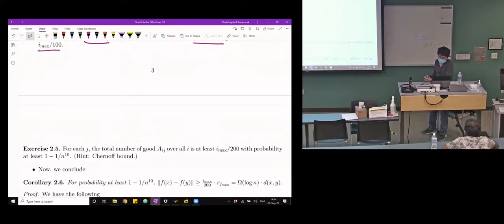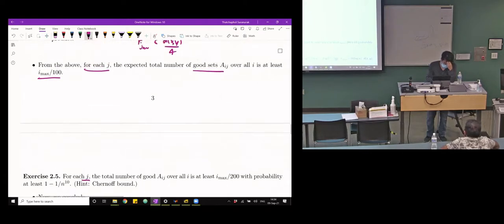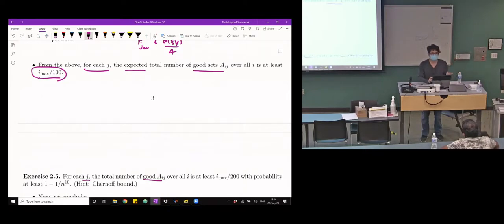And now it's not hard to see that for every j, it's not just that the expected number of good sets is at least I max over 100, but with very high probability, the number of good sets shouldn't deviate from its expectation by more than a factor of 2.